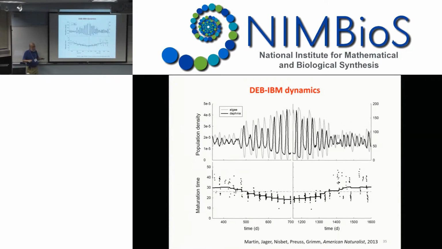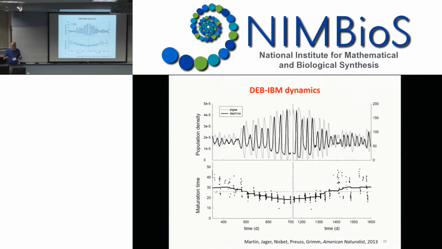He then tried to describe experiments like those that Ed McCauley had done earlier, where you got the two types of cycle. This model, of course, has stochasticity in it, the individual-based representation, and he got jumps between the two types of cycle, and he got the developmental delay changing to being large when the small amplitude cycles were running and small when the large ones were going.